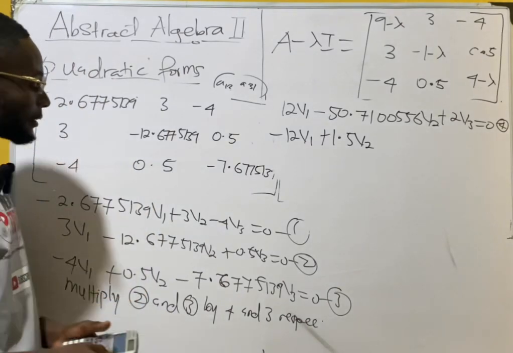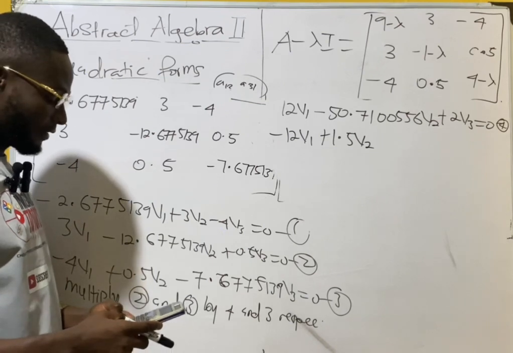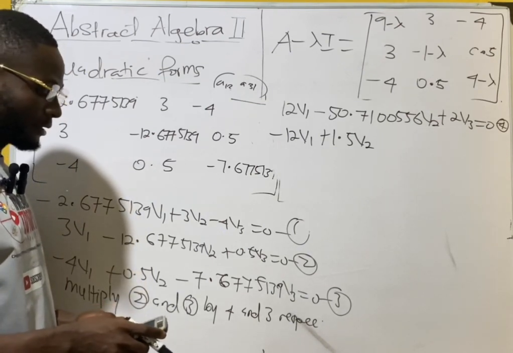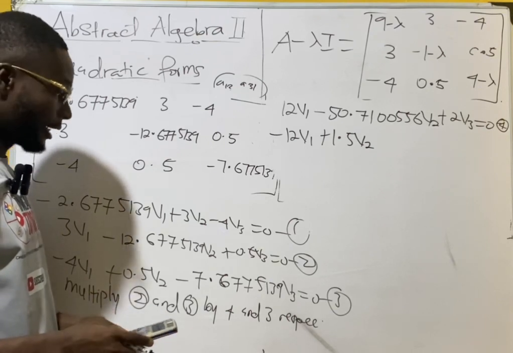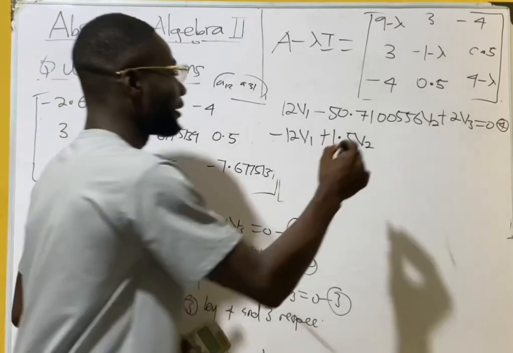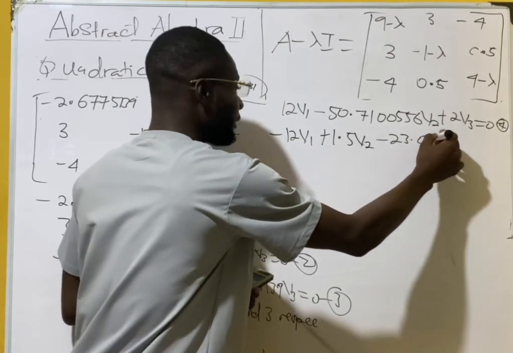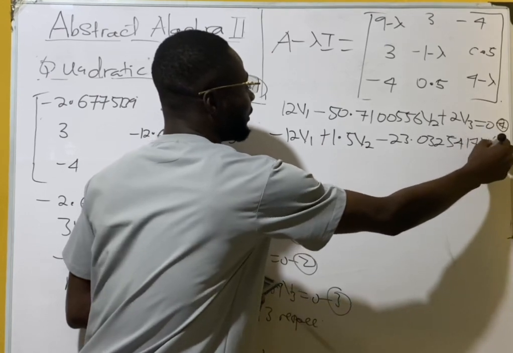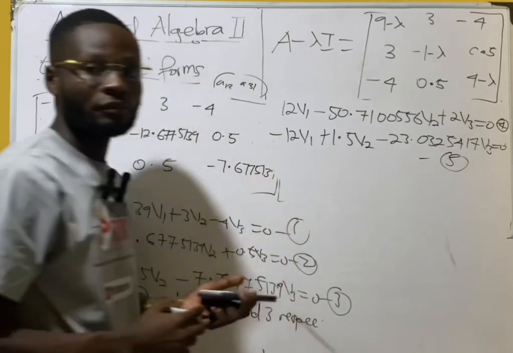Then minus 7.6775139 times 3 is minus 23.0325417 V3, and that is equal to 0 for equation 5, right?